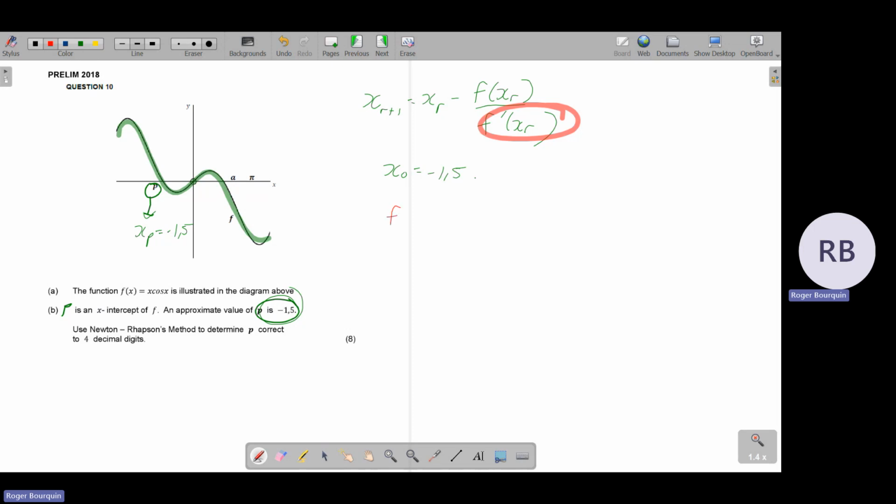So we have f of x is equal to x cos x. Remember, you've been doing a lot of integration, don't mix up integration with differentiation.